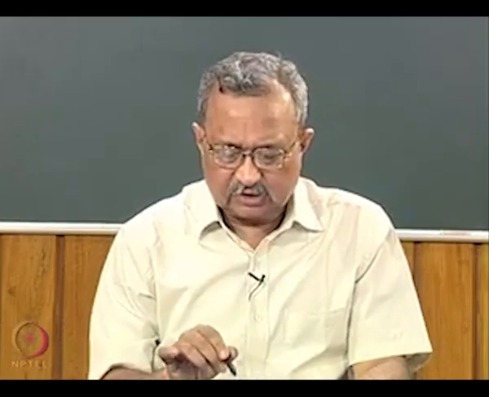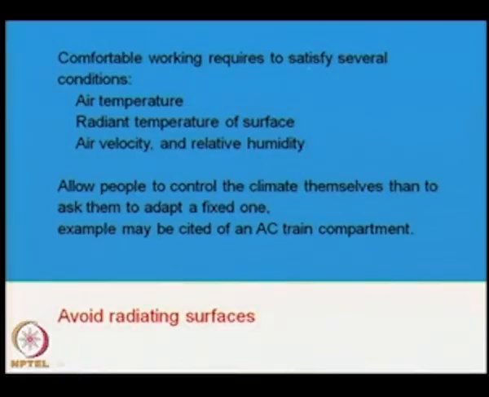Comfortable working requires satisfying several conditions like air temperature, radiant temperature of surfaces, air velocity and relative humidity. Allow people to control the climate themselves rather than asking them to adapt to a fixed one.